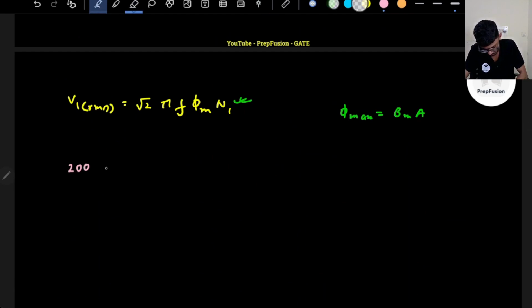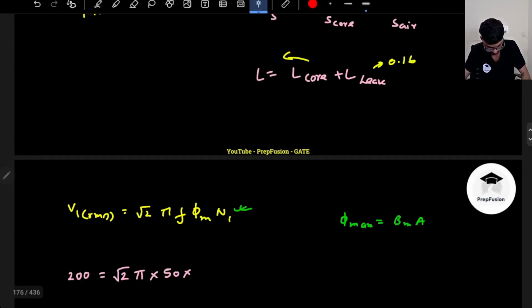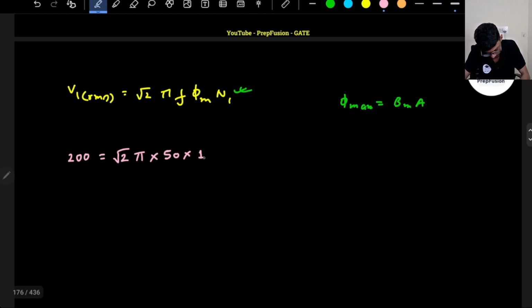This will be equal to root 2 into pi into f. F is 50, into phi m. Phi m will be Bm into A. So what is Bm? Bm is given as 1 Weber per meter square.